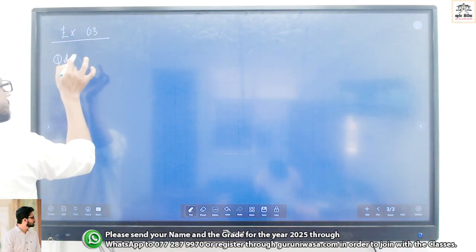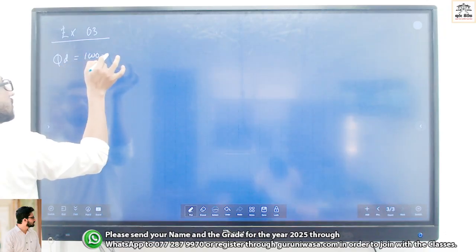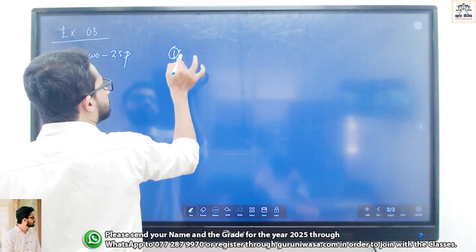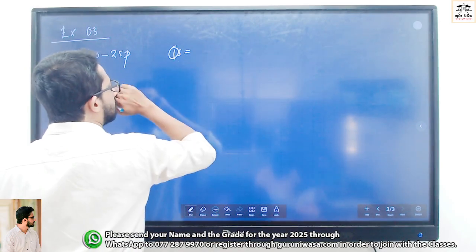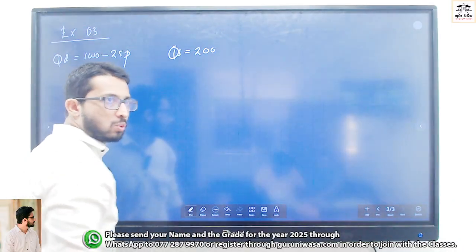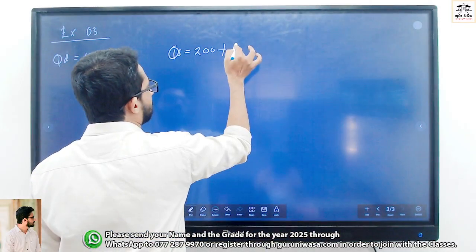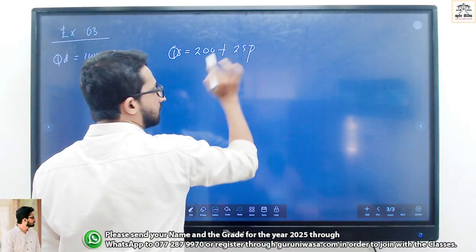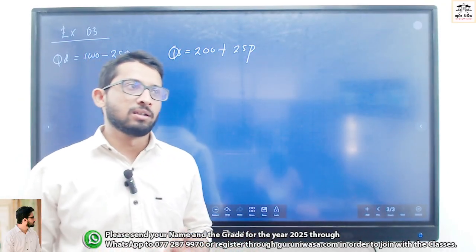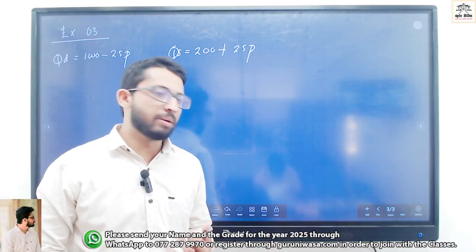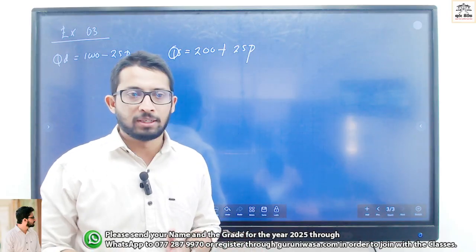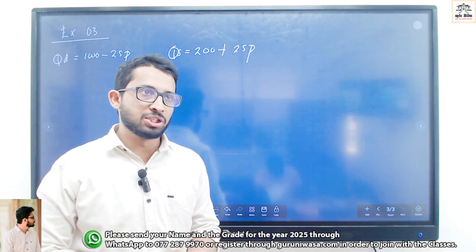Example number 3. Demand QD equals 1000 minus 25p. QS equals, it's not minus, it's plus 200 plus 25p. Okay, Lama. Calculate equilibrium price and quantity. Then calculate maximum demand price and minimum supply price to draw a sketch. Then you can draw the diagram.